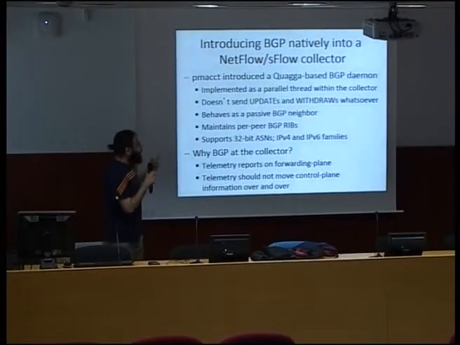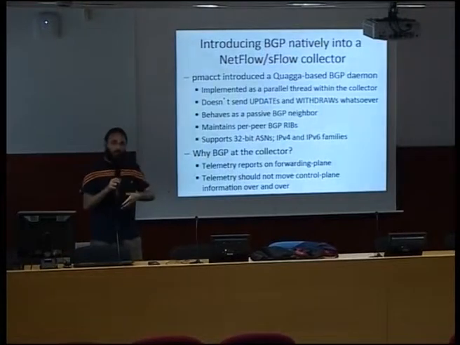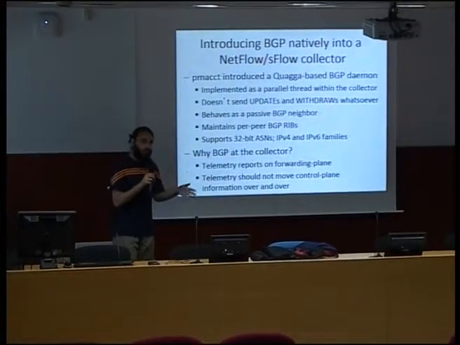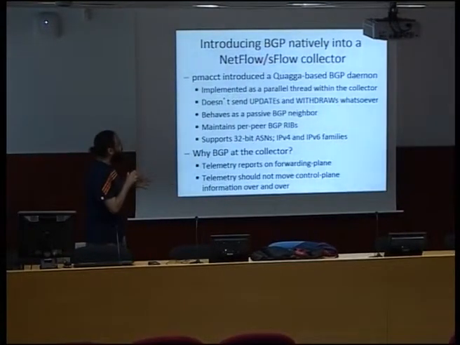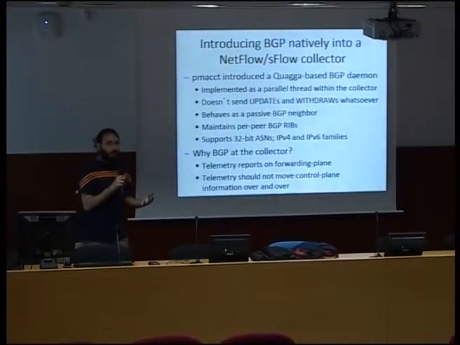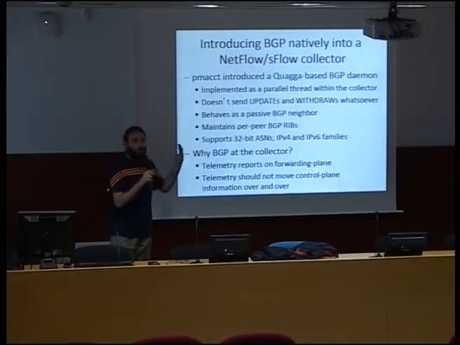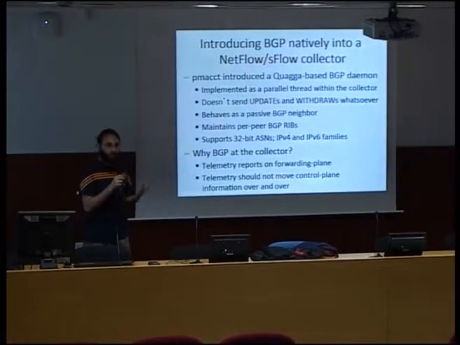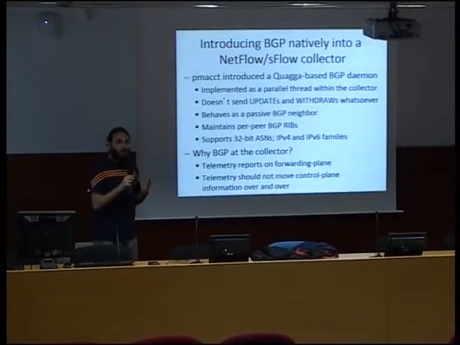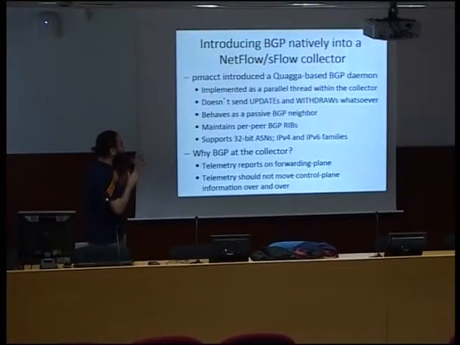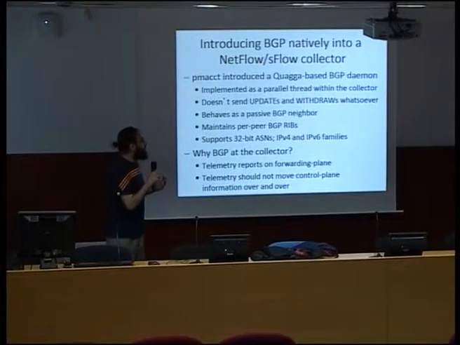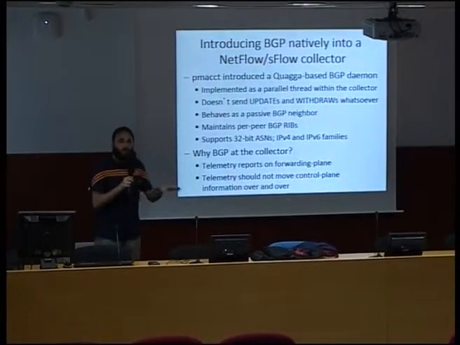One of the innovations, if we step back a few years in pmacct, and very relevant to traffic matrices, is having the BGP daemon in a NetFlow collector. Let's say that was in 2008, 2009. In the open source community, nobody was doing that.